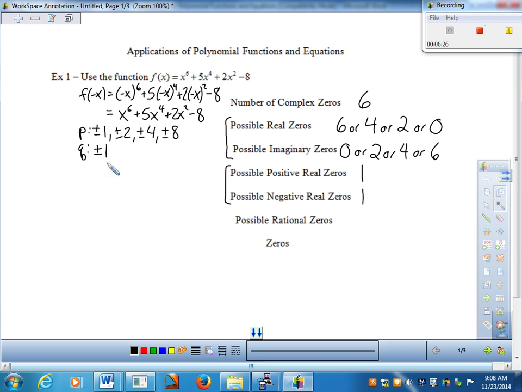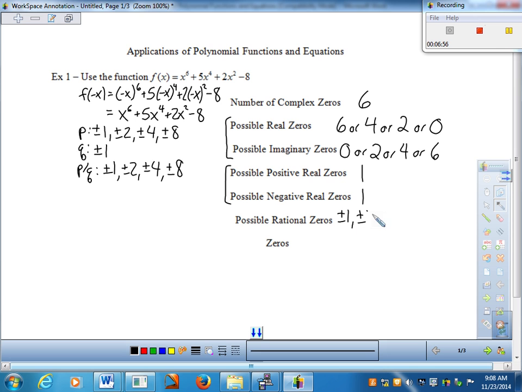If I do all my combinations, we get 1 over 1, 2 over 1, 4 over 1, and 8 over 1. So there are exactly 8 possibilities for zeros of this function that are rational in nature. Let's put those in play.